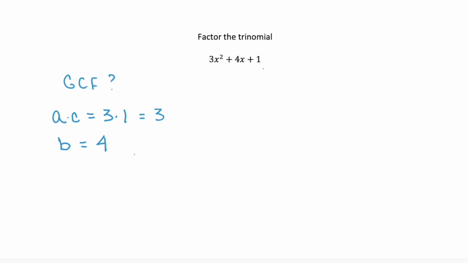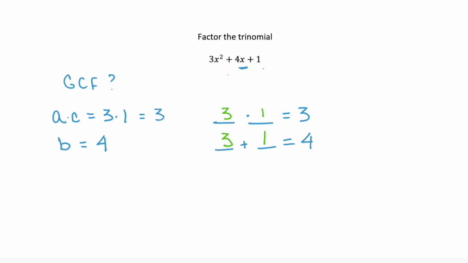But this time they're factors that we use to rewrite our middle term so that we can factor by grouping. So we're looking for two numbers that multiply to 3, but they add to 4. And those two numbers would be 3 and 1.